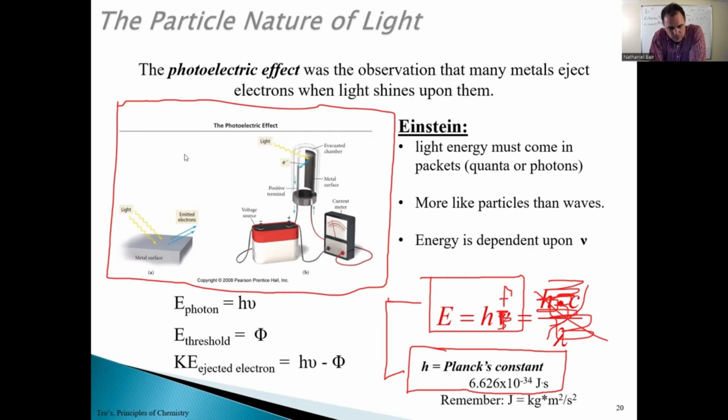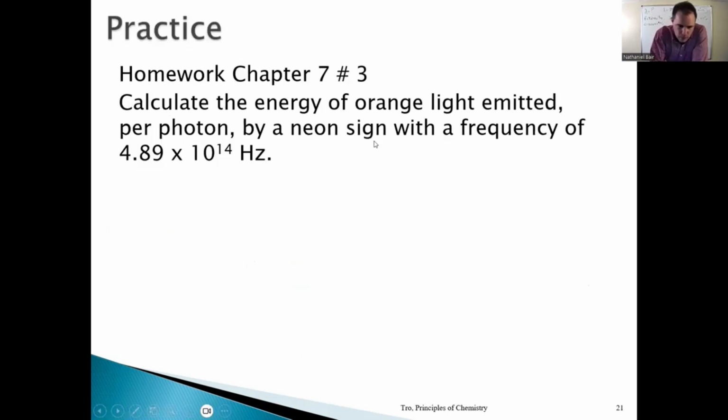So let's work that new formula. I'd like you to calculate the energy of orange light emitted by a photon in a neon sign that has a frequency of 4.89 times 10 to the 14th. So what are you going to do? Well, you're going to use this new equation, E equals HF.